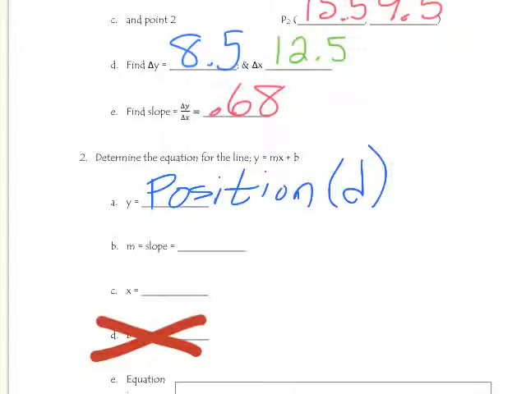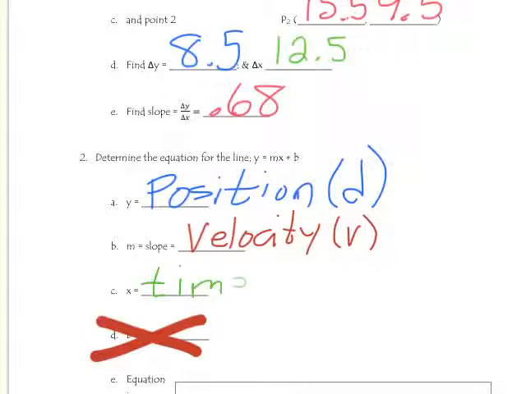That's usually a velocity, which we're going to symbolize with a v. And then finally, our x value represented time. So we're going to put down here time, and we symbolize time with a lowercase t.